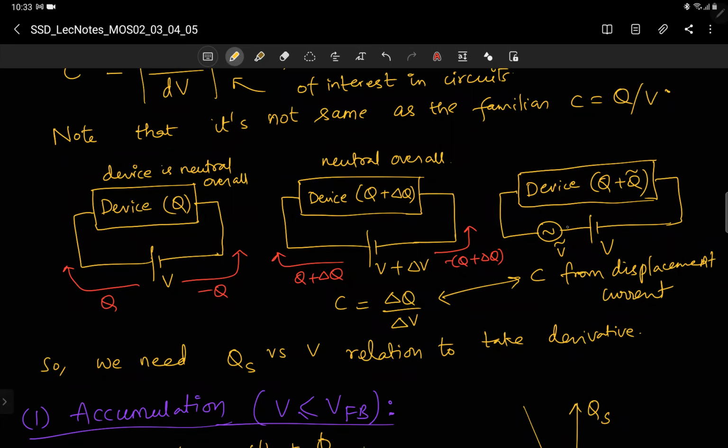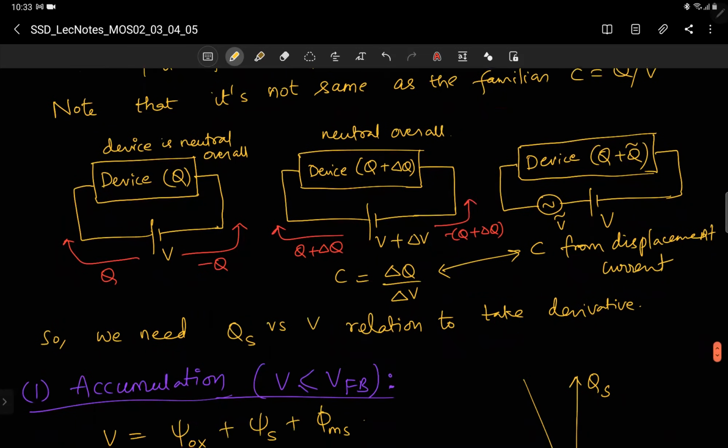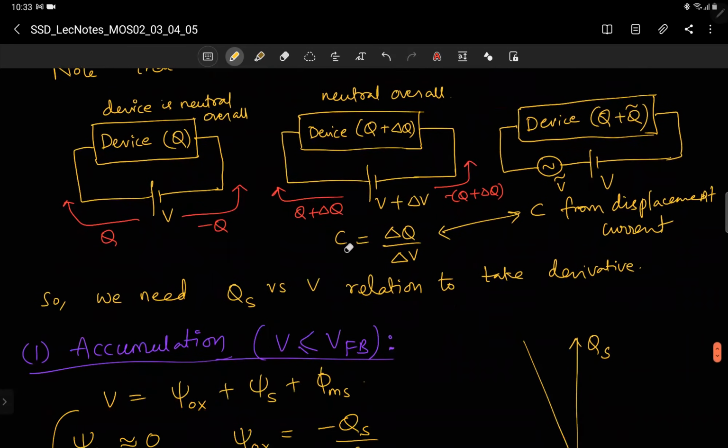Since it amplifies small signals, you want to understand how the circuit behaves for a small signal, and how much Q changes for a change in V. So you are trying to find out delta Q by delta V.